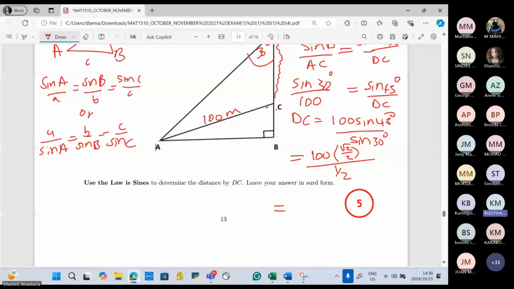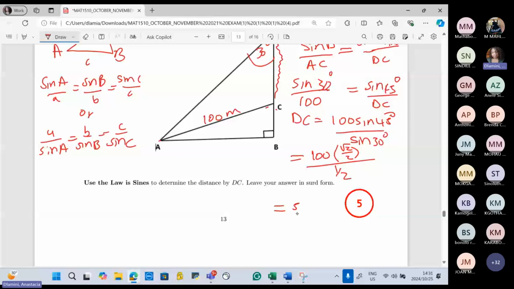Is it not 50 open bracket root 2 over 2 close bracket? Since the 100 is outside of the bracket, you can use it to remove the denominator.